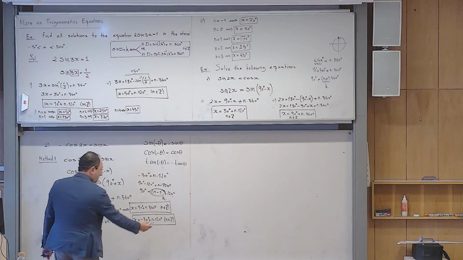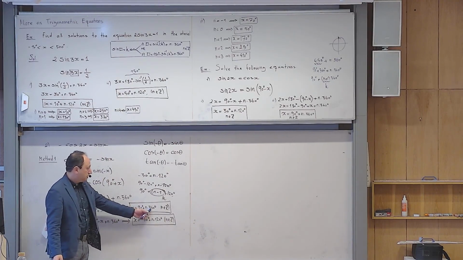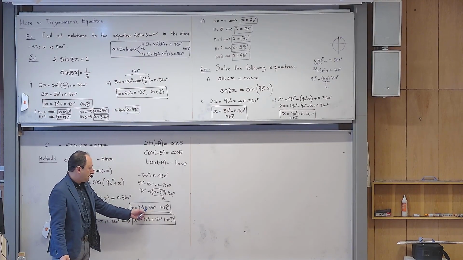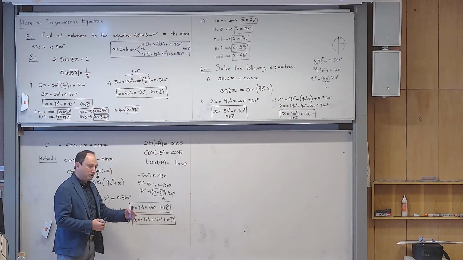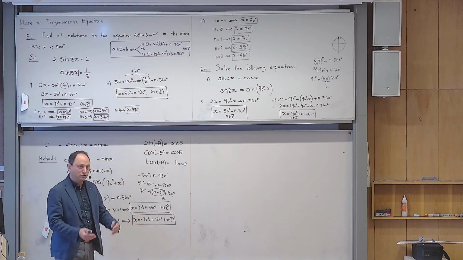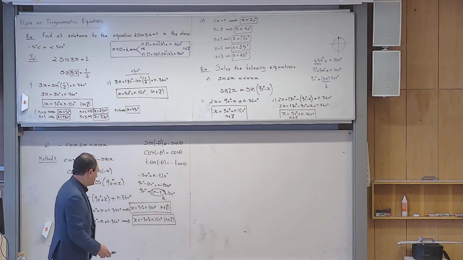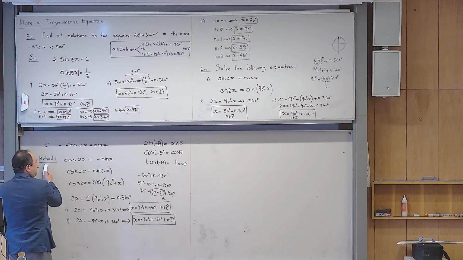So this number that sits here is important, yes? So if you have this number 360 degrees, it means that you can add or subtract integer multiples of 360 degrees. But here you have to add or subtract integer multiples of 120 degrees. Okay, so here you see method 1.